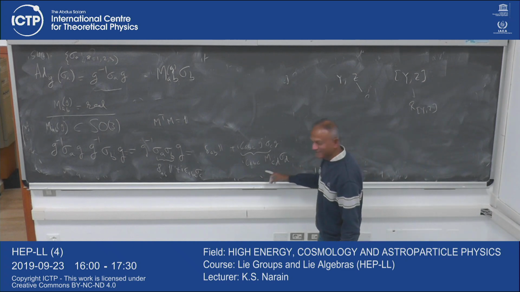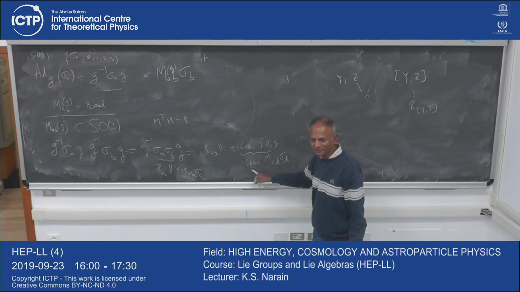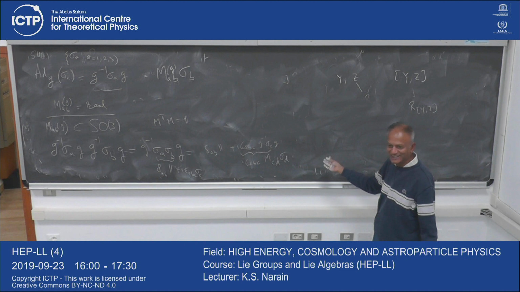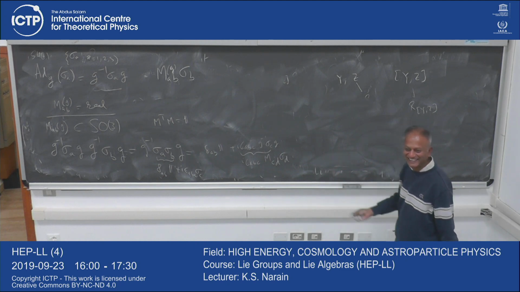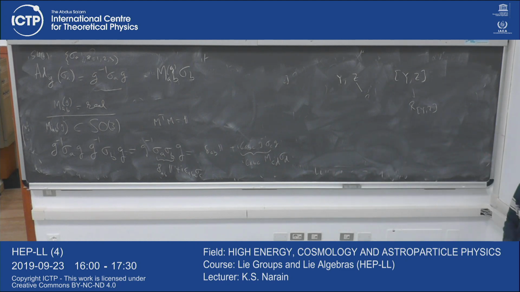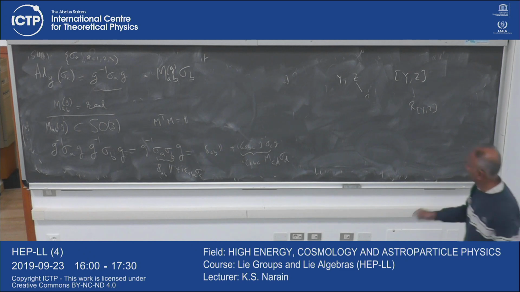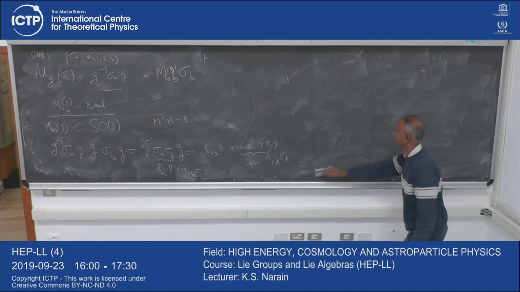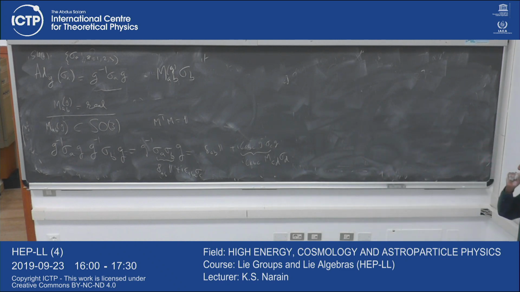You shouldn't repeat that index somehow. And that mistake is common. I make that mistake many times in doing the calculations, and then at the end you see, what the hell is going on here. You get nonsensical results, so you should be careful about that. Okay, so that's that side.